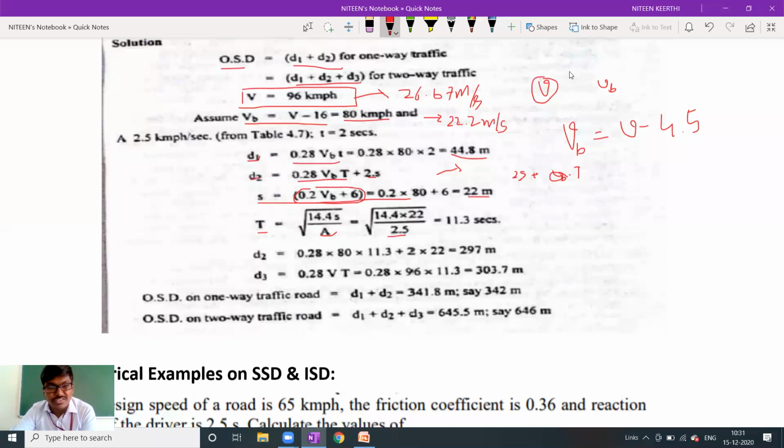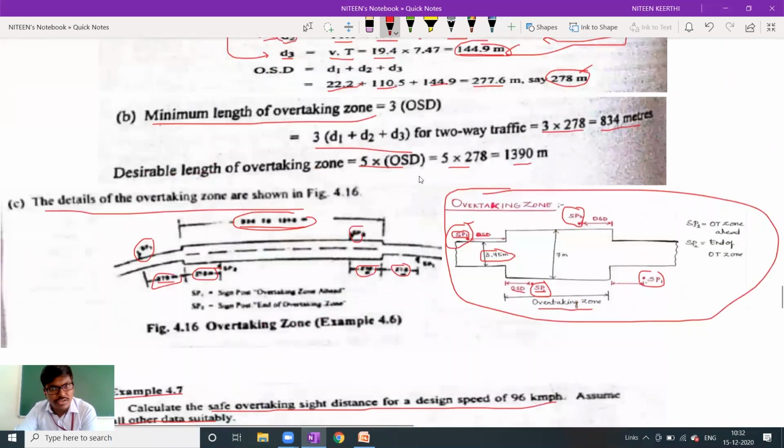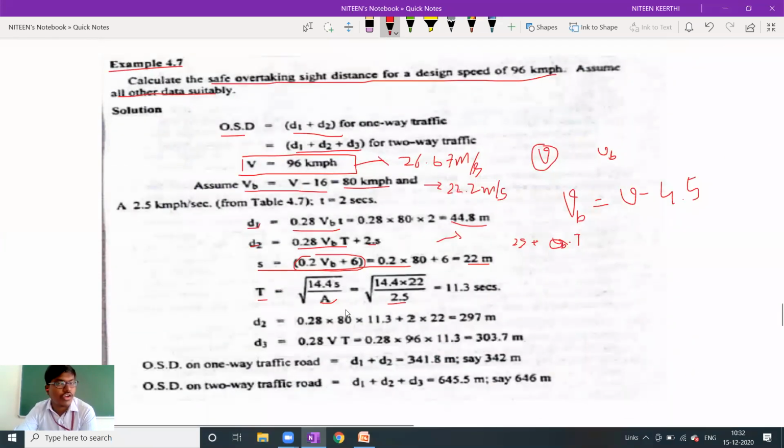Again, this formula will also change. That's why it is better to go with these formulas only, because if you remember both formulas, you will get confused. I just want to show you this because some of you may have doubts like, sir, I will take capital V directly. But when you take capital V in overtaking sight distance to determine the components D1, D2, D3, the formulas change. The S formula changes, the T formula changes.